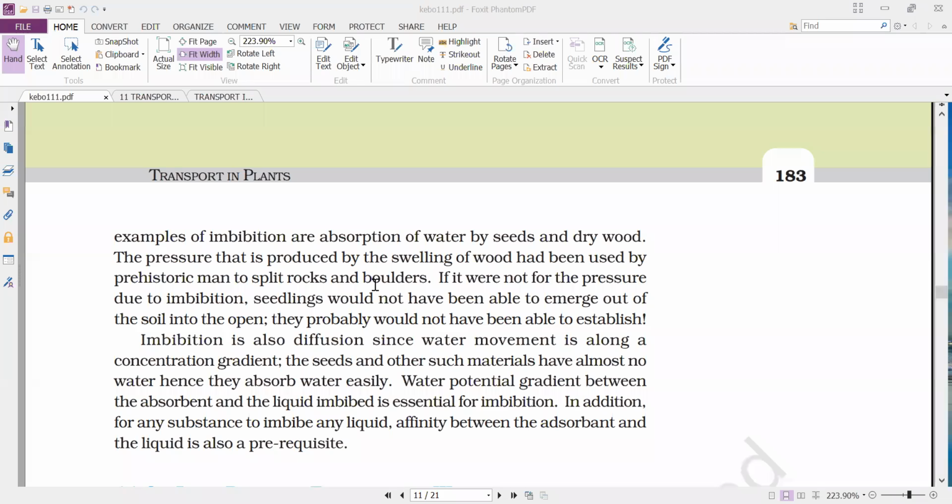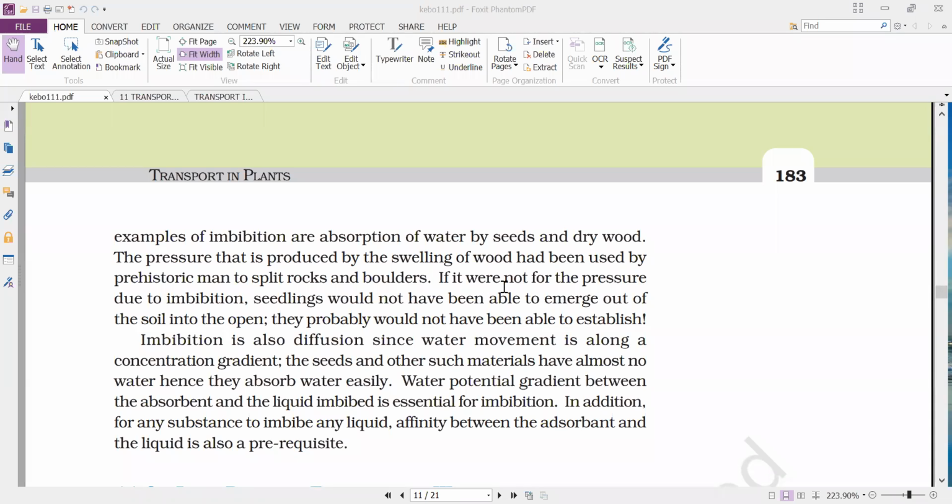Even large rocks can be broken down by using this method. So prehistoric man used to split rocks and boulders by using wood and causing imbibition.